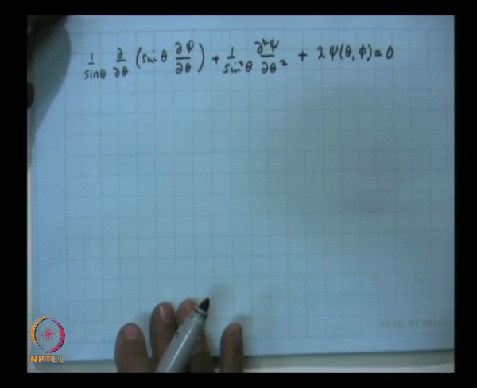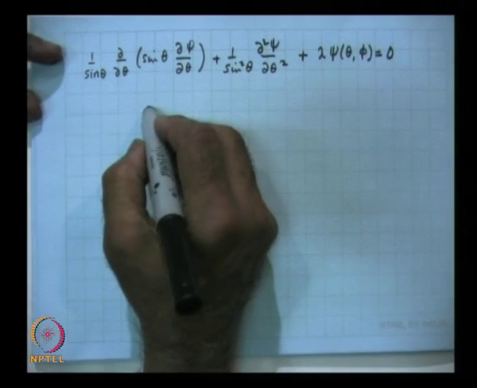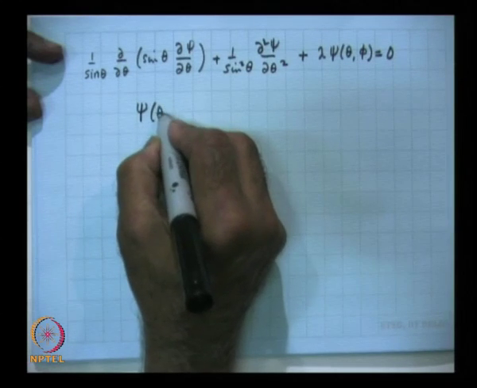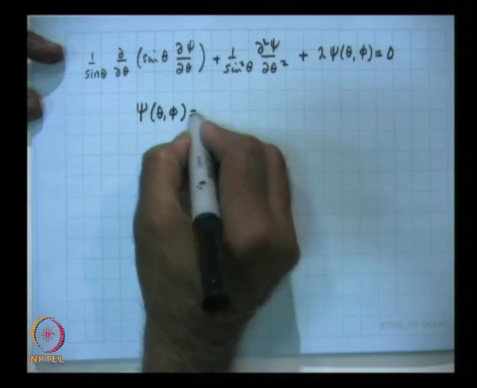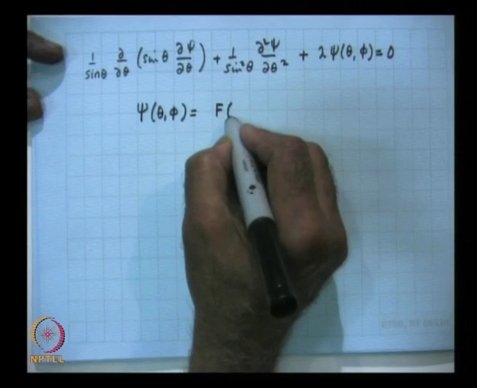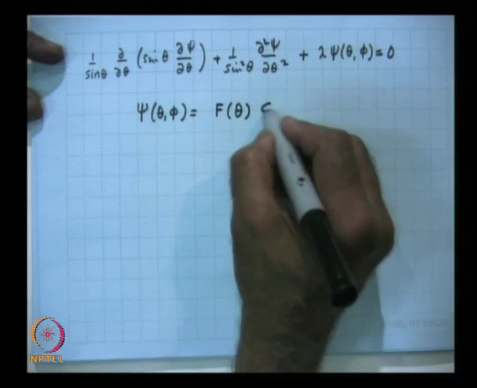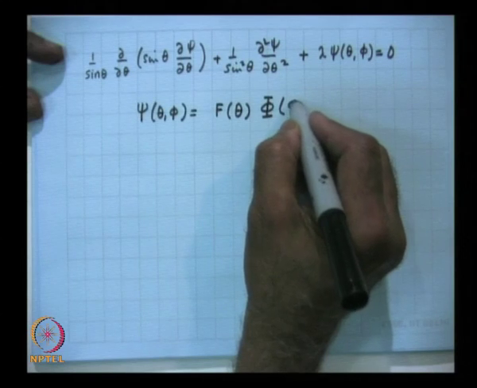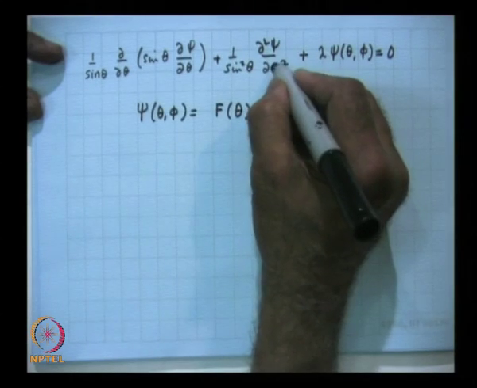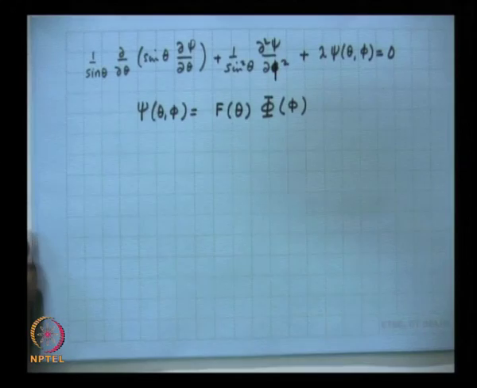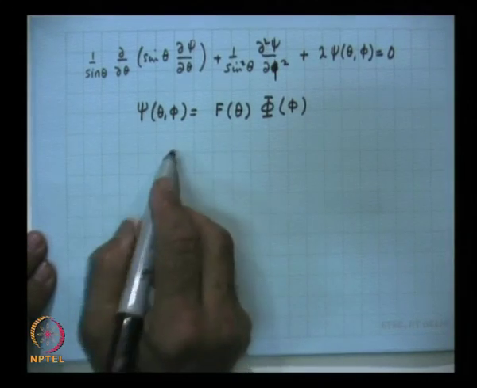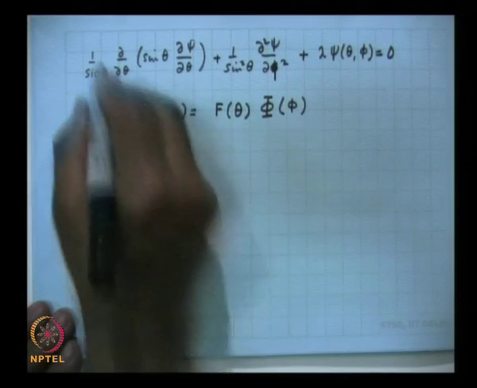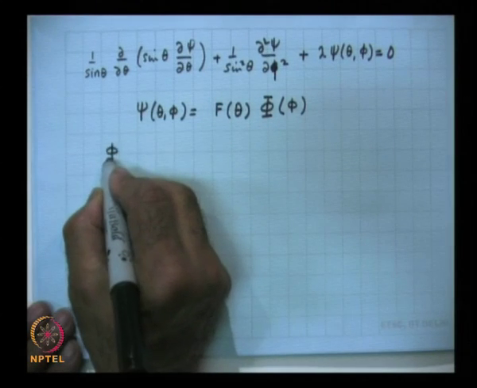Now, we use the same method, namely the method of separation of variables. So, psi of theta and phi we write down as f of theta multiplied by capital phi of phi. I am sorry, this is phi square. So, I substitute this, so let me do it step by step.